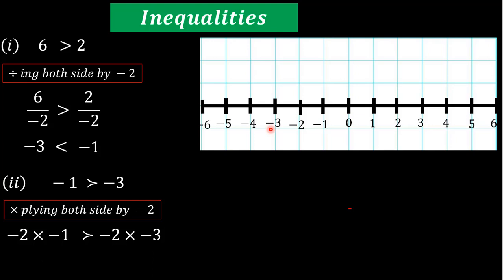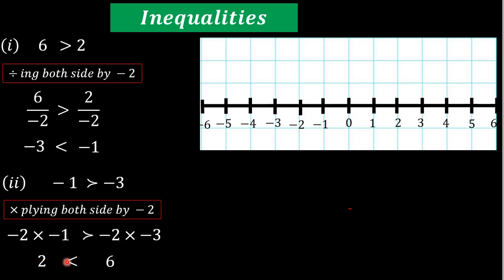Now if you multiply them on the left hand side, we will get 2. On the right hand side, we will get 6. Now move on to the number line. 2 is towards the left of 6, which means 2 is a smaller number than 6. That we already know. Now we have to invert the sign of greater than with the sign lesser than, which means that the signs have been reversed.